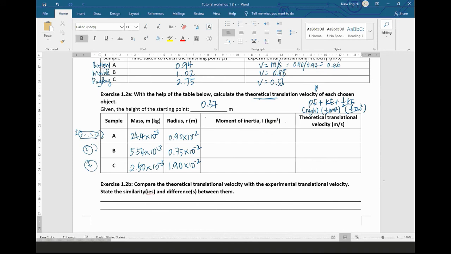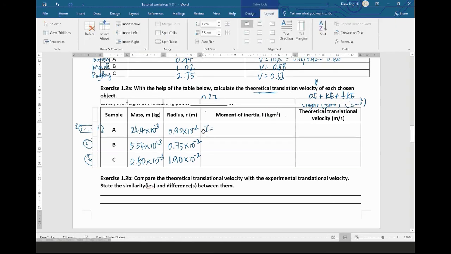For battery it is given by solid cylinder. What is the formula for solid cylinder? Half mr squared. Right. So you get 9.88 times 10 to the power of -7.